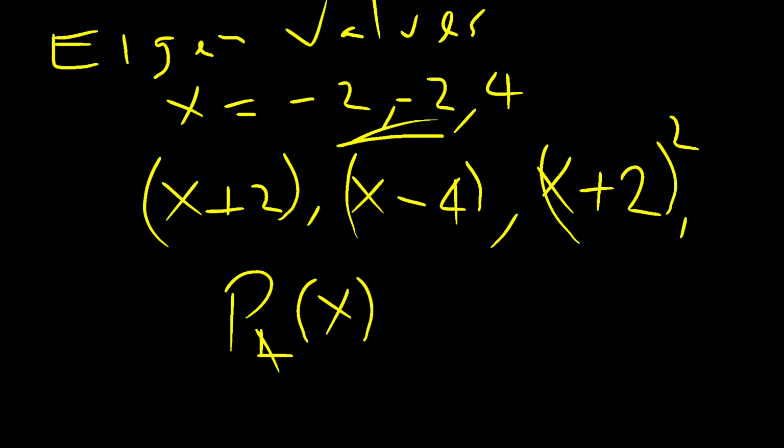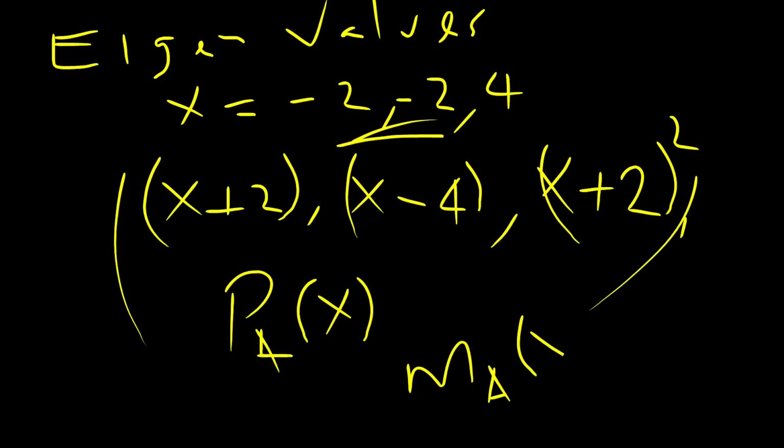So these are the possible minimal polynomials of A. But remember, which one is fully minimal?